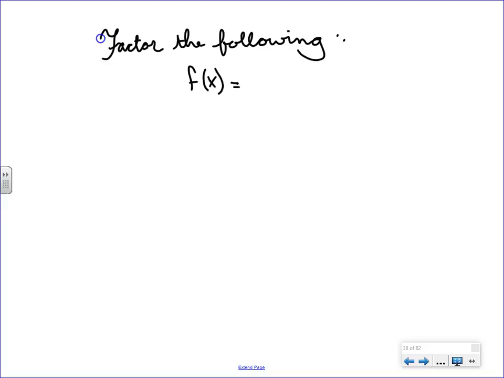F of x is equal to 2x cubed plus 3x squared minus 8. And they don't tell you anything else. How do we use what we just did to be able to start trying to factor? So it's just that.